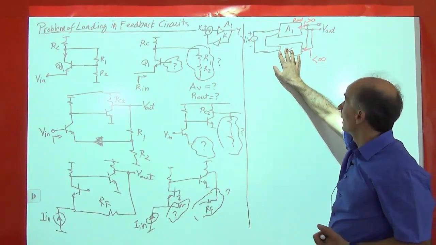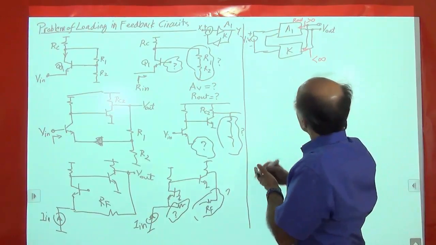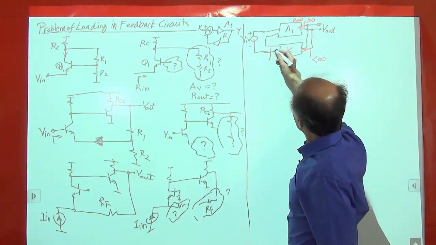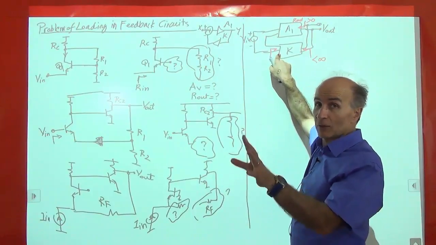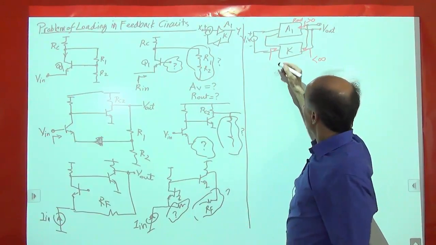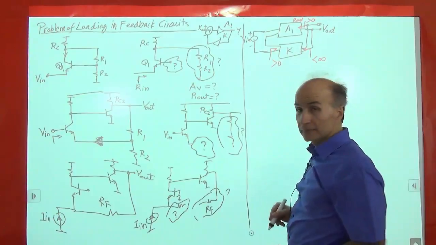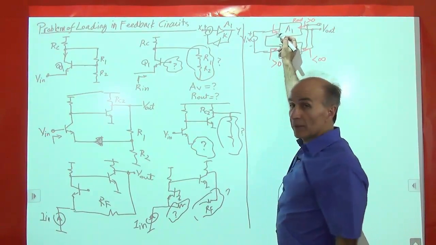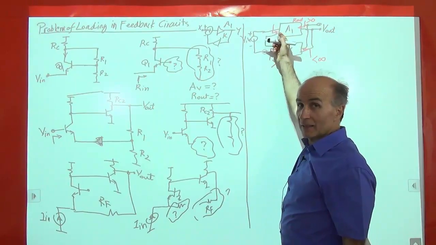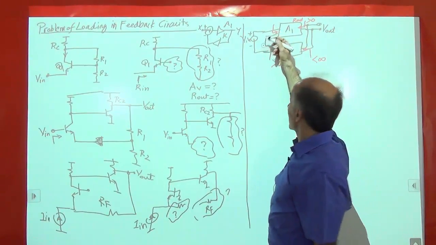Okay? All right. Similarly, we assume that in the ideal case, the output impedance of the circuit should be 0 because it's trying to deliver a voltage. But in reality, it is greater than 0. And this input impedance is supposed to be infinity because this is sensing a voltage, but in reality, it's less than infinity, right?